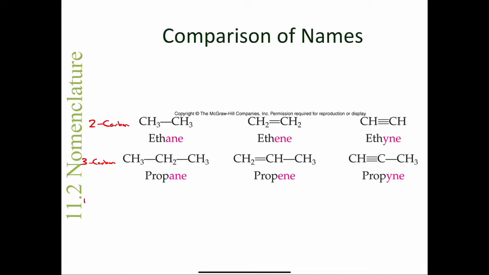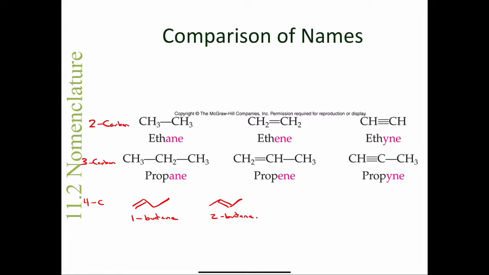I just showed you that if you have 4 carbons, then you have more possibilities. You could have the double bond on the first carbon like this, so this would be 1-butene. And also you could have the double bond in the middle like this, so this would be 2-butene. And you can imagine that as we add more and more carbons, there become more and more places that we can put that double bond.